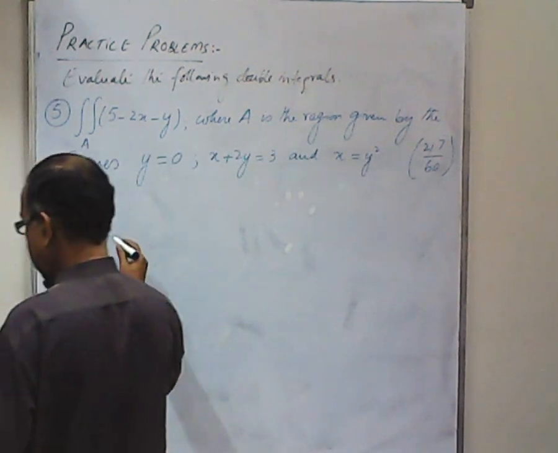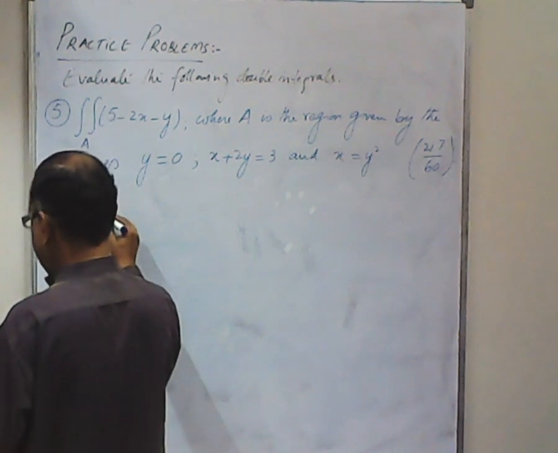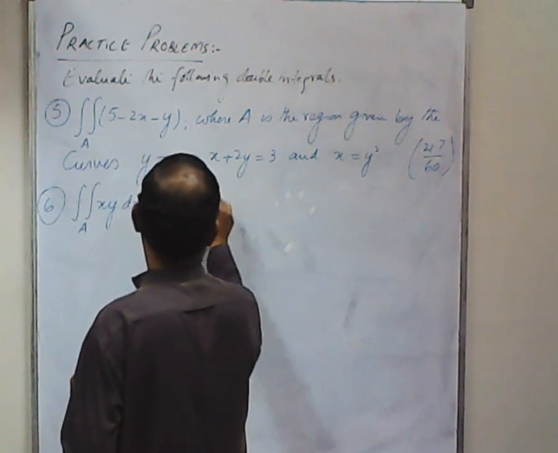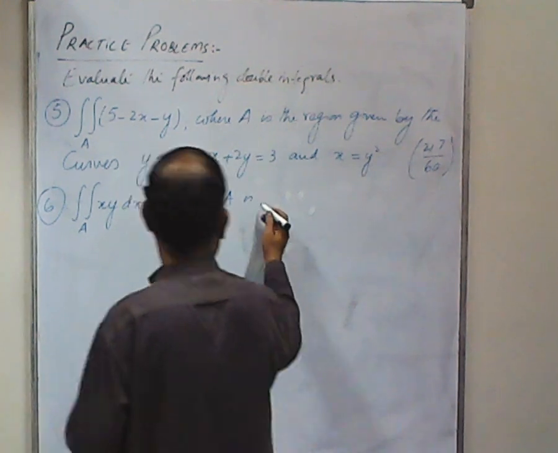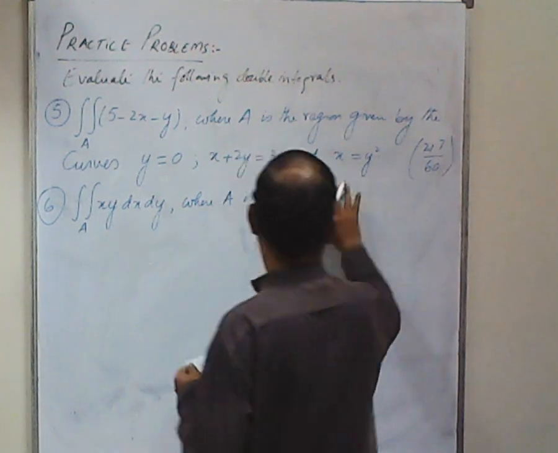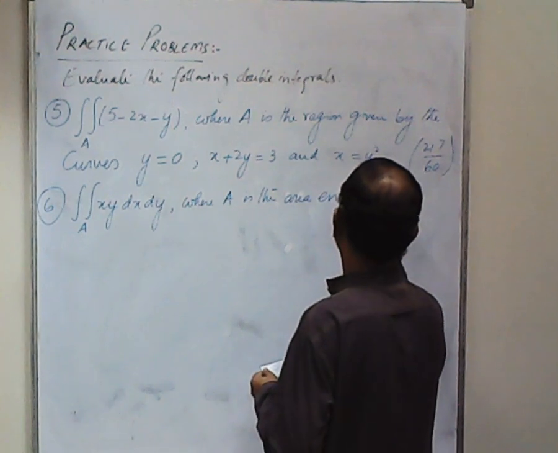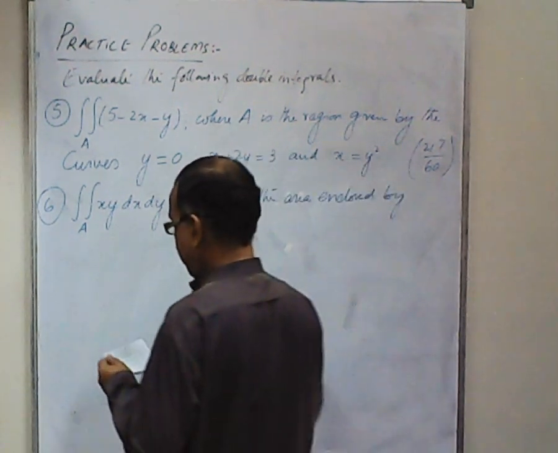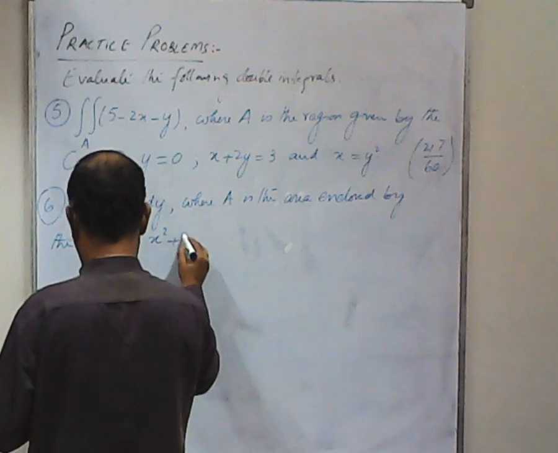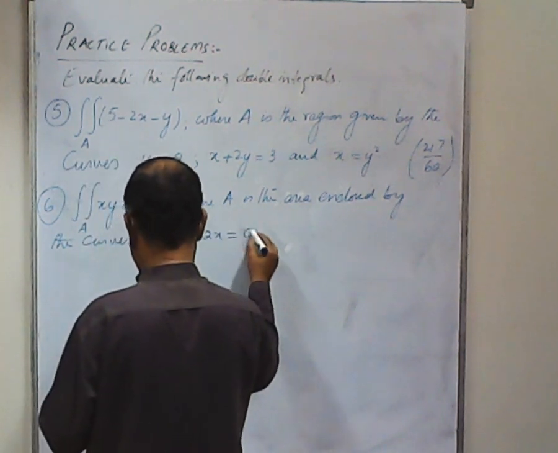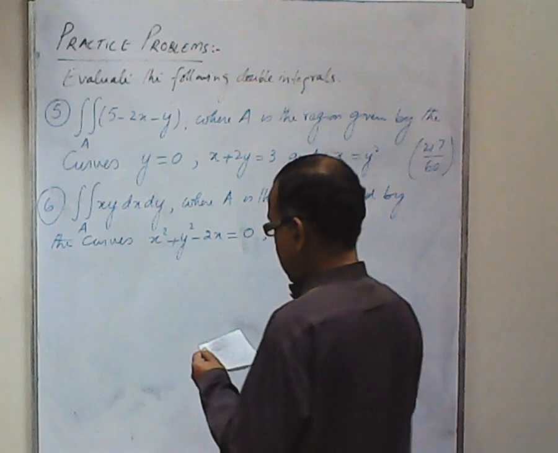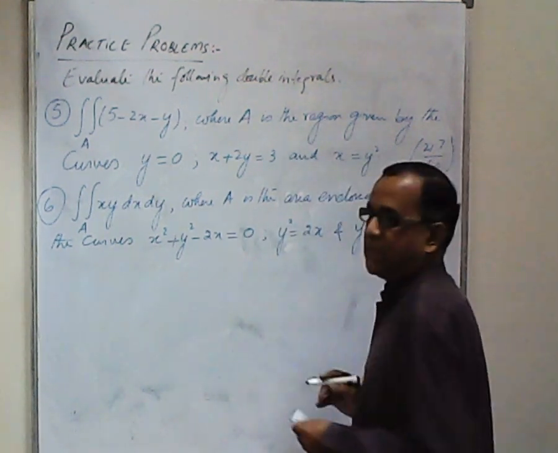Similarly, example number 6. Now the integral of xy, where A is the area enclosed by the curves x square plus y square minus 2x equal to 0, y square equal to 2x, and y equal to x.